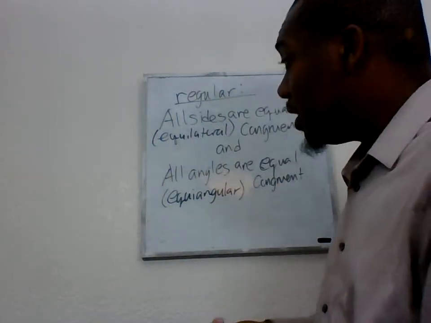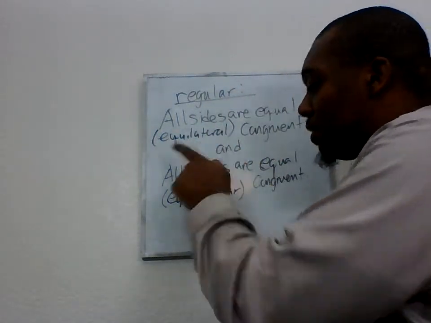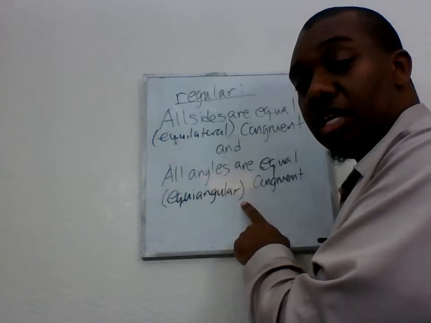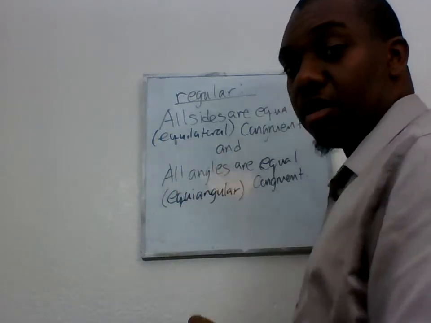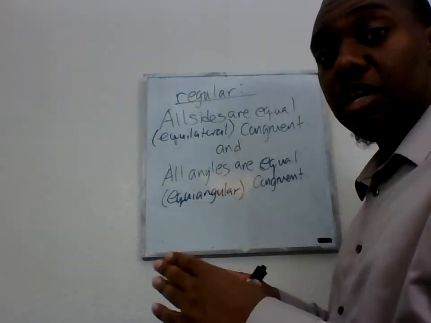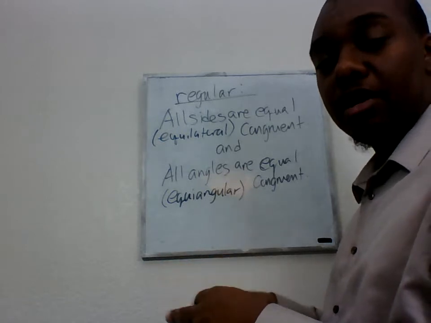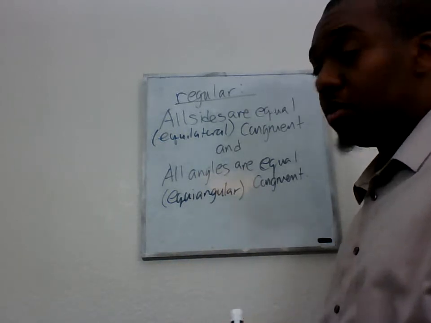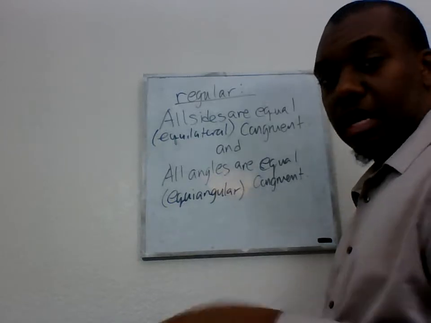All right. So if it's regular, it's equilateral and equiangular. But just because it's one of these does not mean it automatically is the other. The only exception is triangles. As we saw before, triangles that are equilateral automatically have to be equiangular because of the relationship between sides and angles in triangles. That's not the case for any other shape.